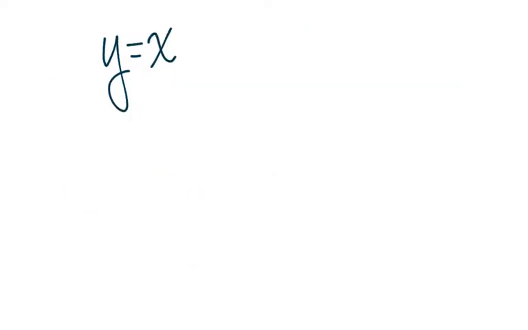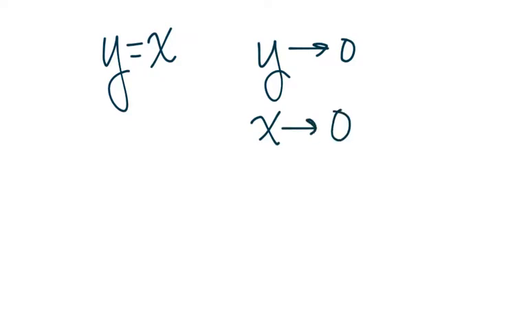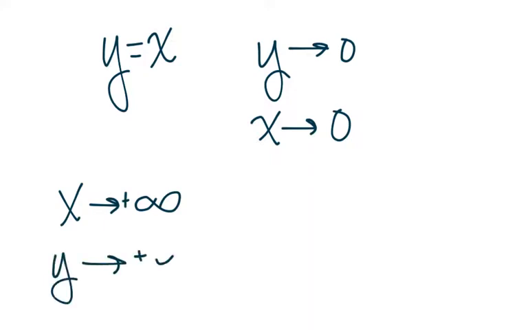So just a really basic example, if we look at the line y equals x, as y gets really close to 0, our x also gets close to 0. Or as our x gets close to positive infinity, our y also gets close to positive infinity.